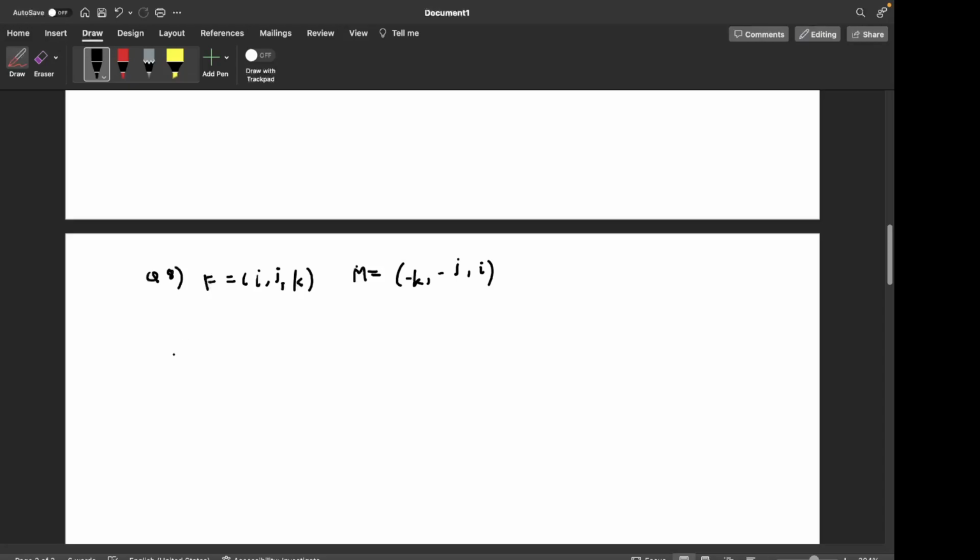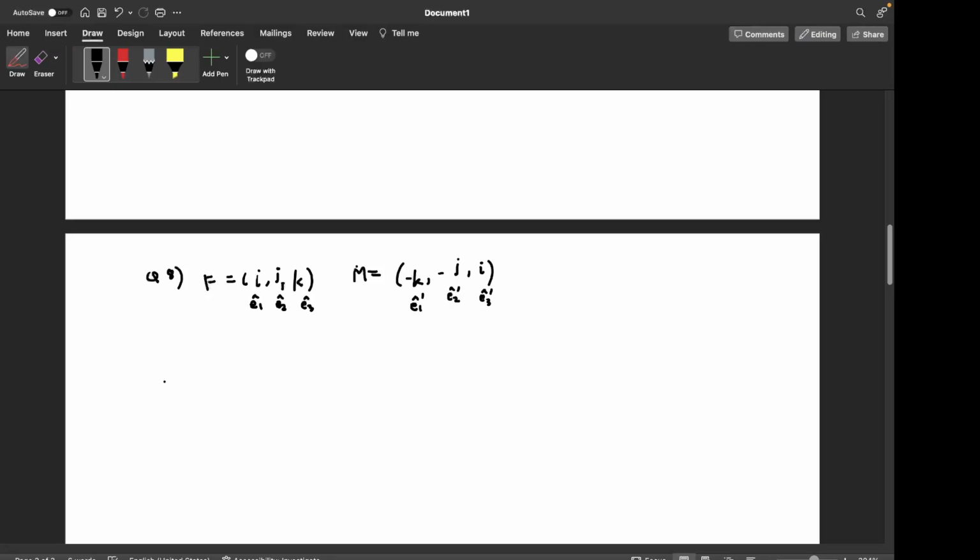So how we can write it is, let's denote this ijk as E1 cap, E2 cap, and E3 cap. And similarly, let's denote the other as E1 cap prime, E2 cap prime, E3 cap prime.